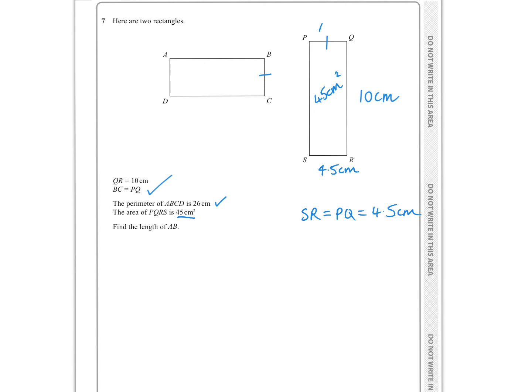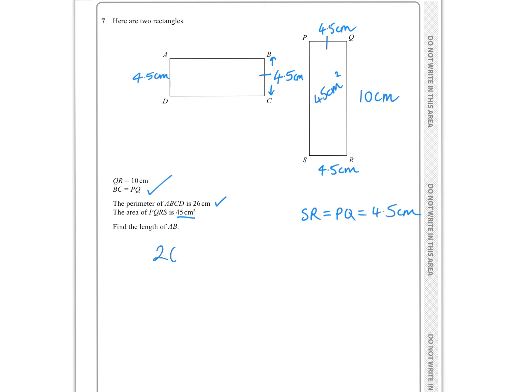That means that PQ must also equal 4.5 centimetres, and we know that PQ and BC are the same, so this is 4.5 centimetres also. And then we also know that AD must be the same, because it's a rectangle, and importantly, the whole perimeter of ABCD is 26 centimetres.